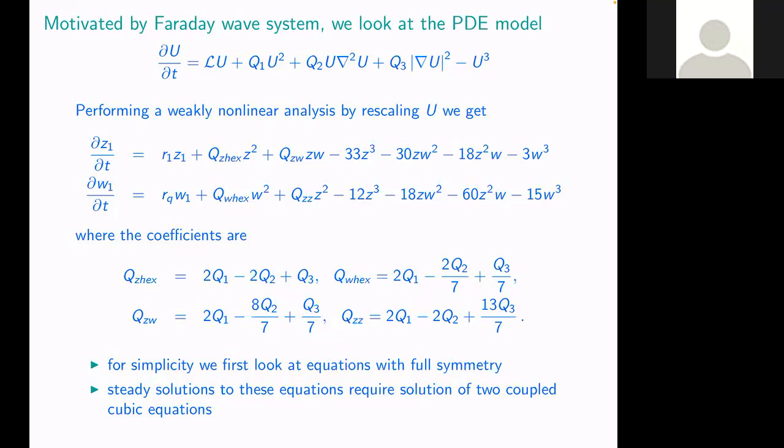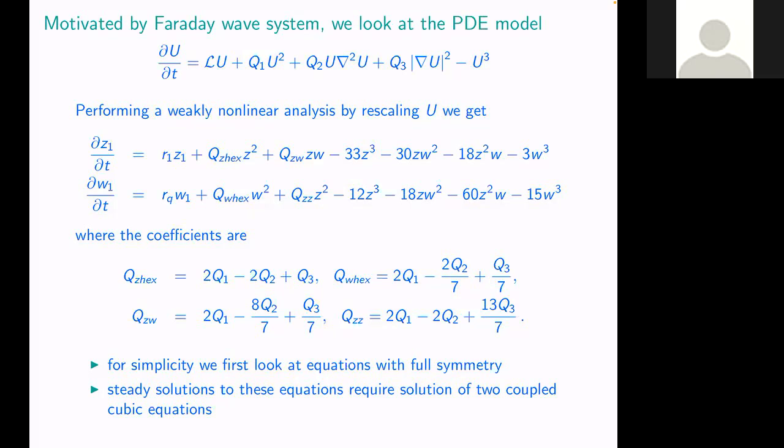But of course, because the value of the wavelength ratio is less than a half, we don't have a corresponding ZW term in the W equation, because 2 of the small wave vectors in this case will not add up to a large one. But of course, we have the Z squared term. The coefficients of these 4 terms in the amplitude equations are related to the original coefficients of the nonlinear terms as shown here.